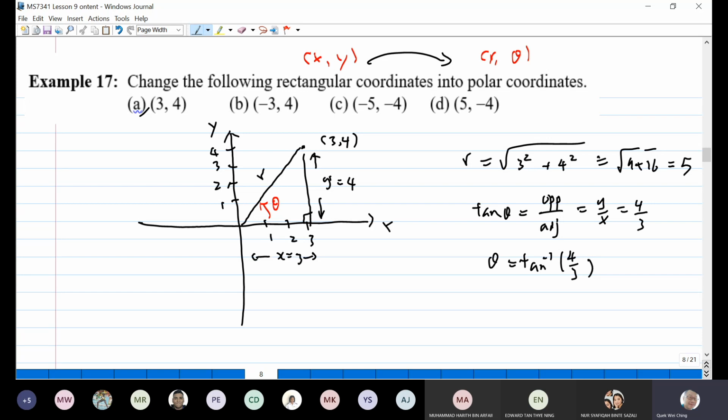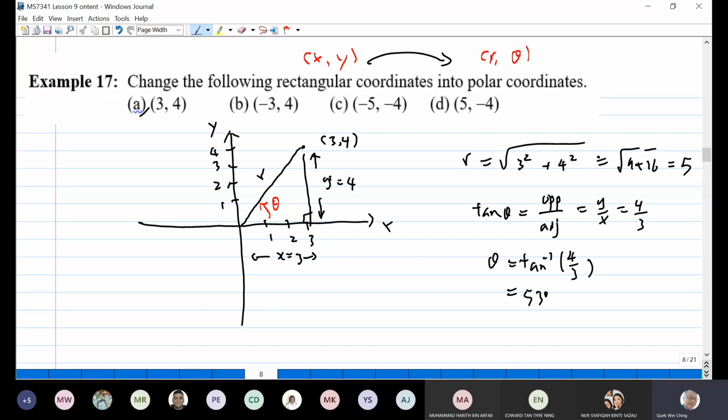Okay, tangent inverse 4 over 3. And then you get 53 degrees. Which is reasonable, right?